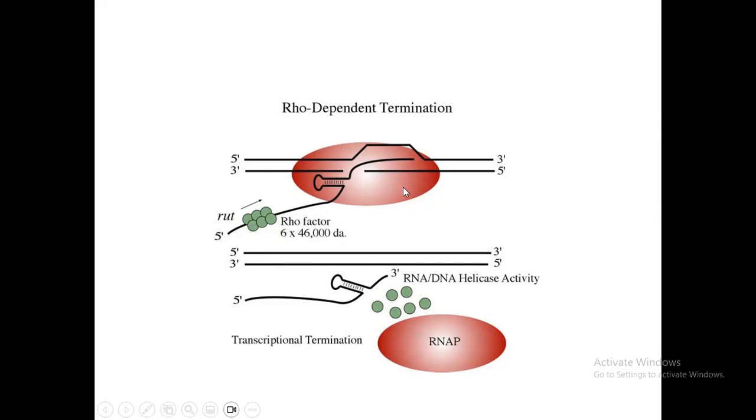As a result, it allows the messenger RNA or any transcript to leave its association with DNA. Again, RNA polymerase then cannot proceed any further, and the transcription is terminated in case of rho-dependent termination.